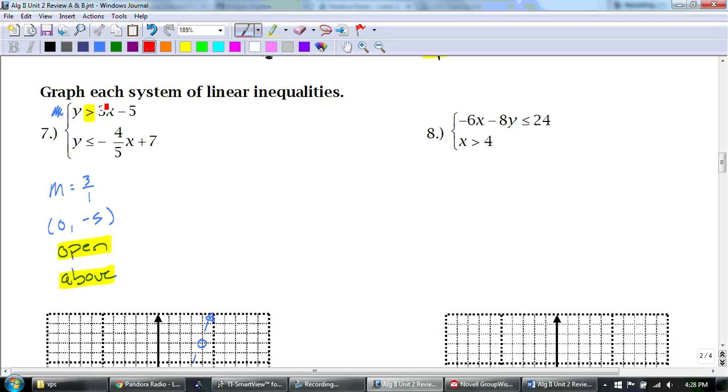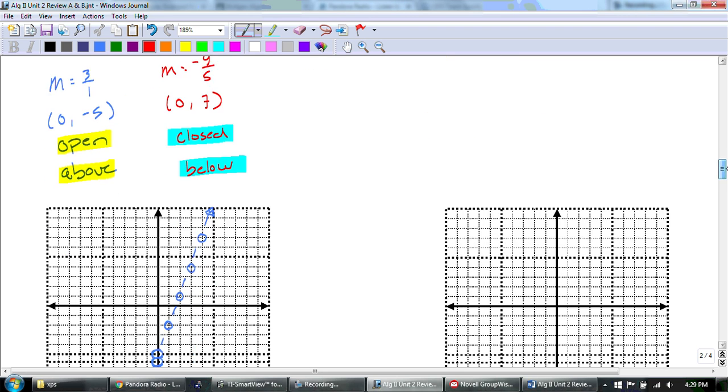So let's look at my next line, my red line. My slope is -4/5. My y-intercept is (0, 7). And then looking at that inequality, I'm going to be closed, and it's going to be above or below. Less than is below.